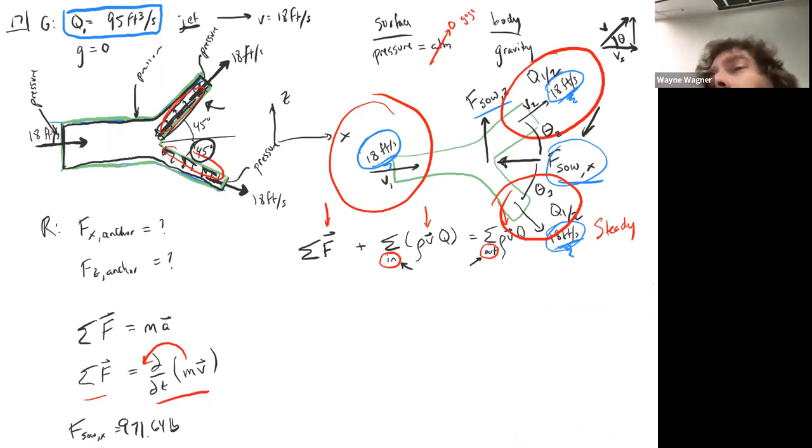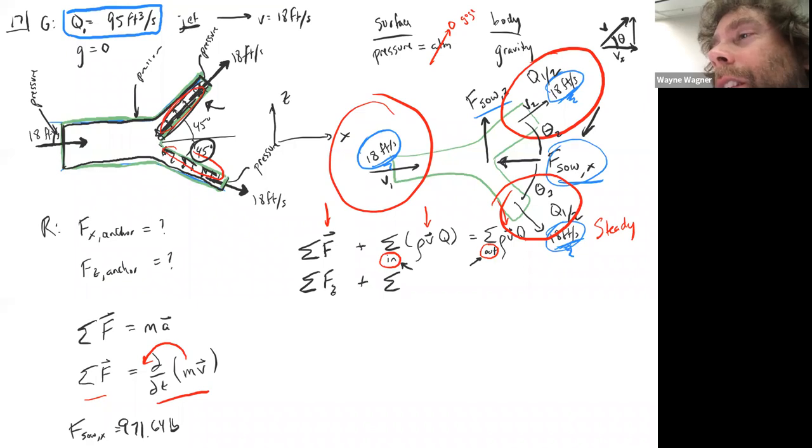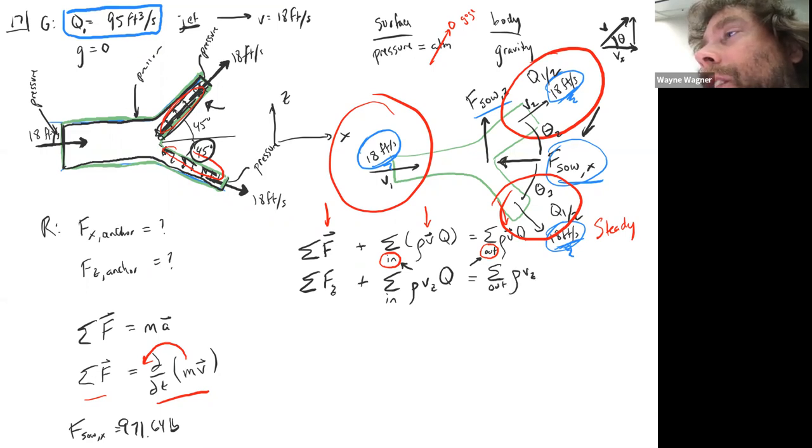All right, so now we're going to go in the y direction, the z direction. Sum of the forces in the z plus the sum in of rho vz q equals the sum out of rho vz q. You guys should also note that I do my v's without a little cross on it. If I put this, that's a volume. This is a v, a velocity. So just be aware of that.